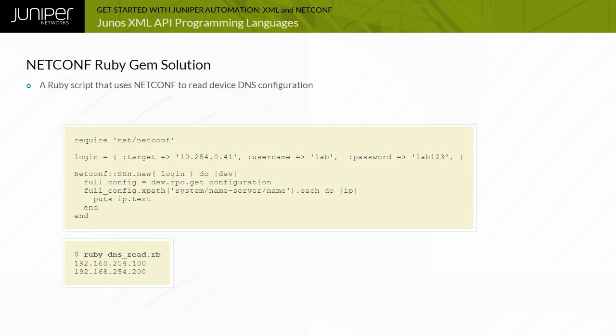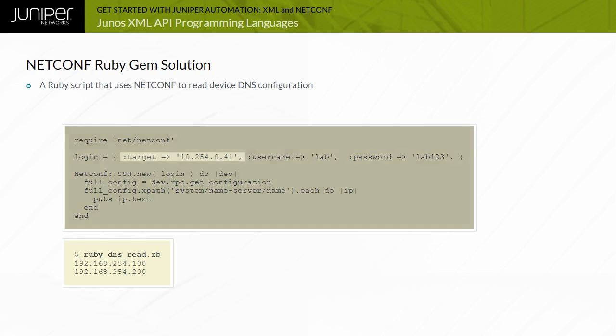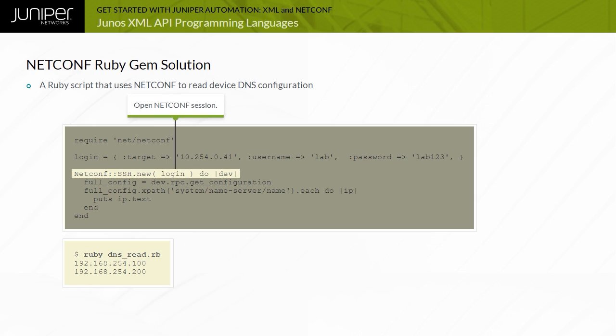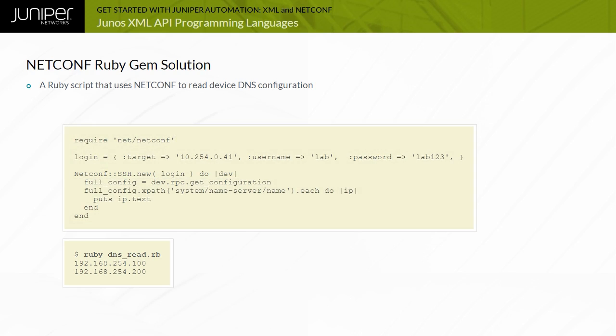The example script reads the DNS server configuration on a target device. The target device address and login parameters are defined in the login variable. Then a netconf SSH connection is established with a device object. Although detailed coverage of Ruby is beyond the scope of this class, the syntax of the example script is fairly intuitive.